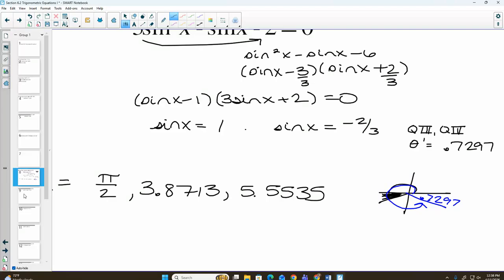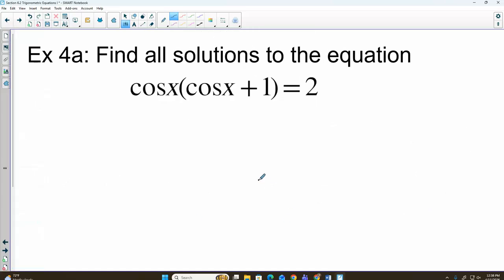Let's do this example. Can't I just say, well, I have two things multiplied that equal 2, set each of them equal to 2?